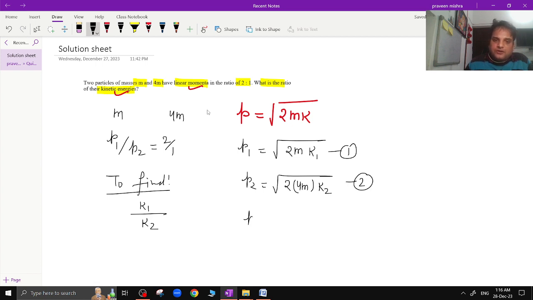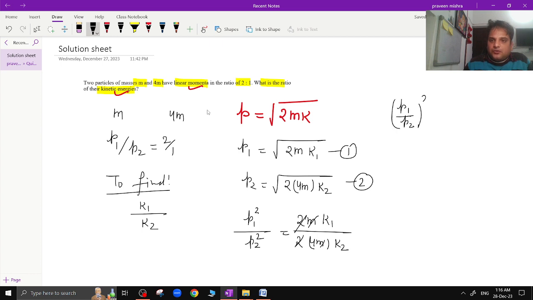From here, P1 square upon P2 square is equal to 2m K1 divided by 2 into 4m K2. The 2 cancels out, and mass and mass cancel out. Then (P1 by P2) whole square is equal to K1 upon 4K2.